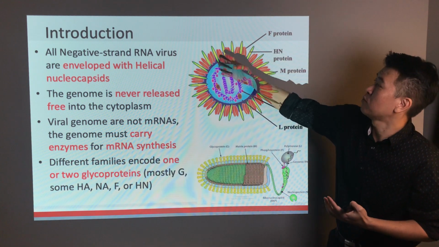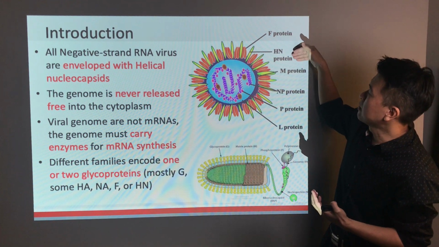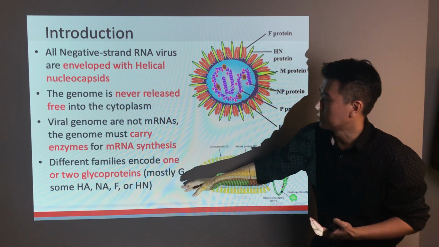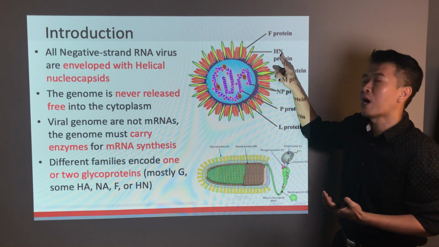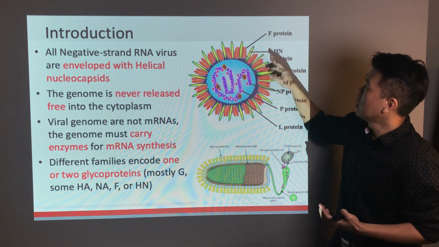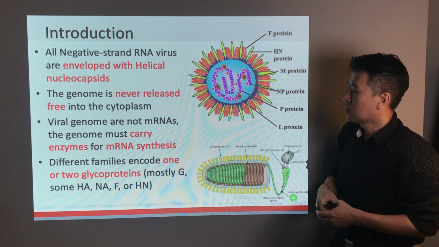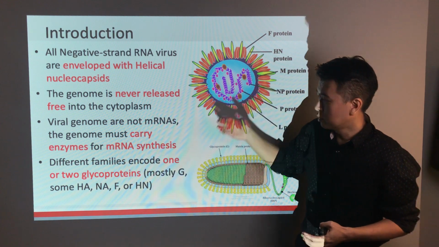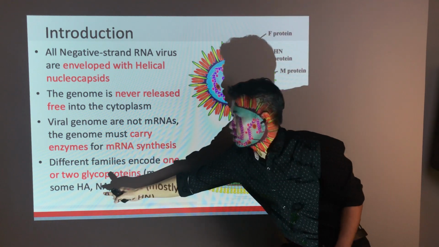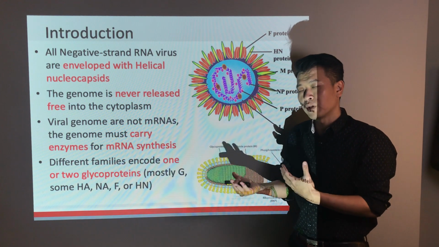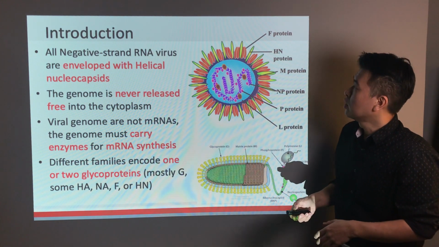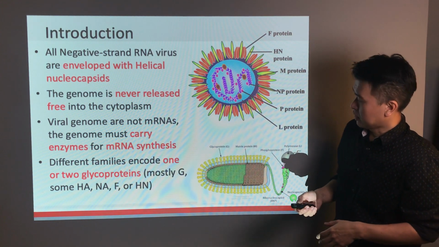For example, in this virus, we have HN protein and F protein: hemagglutinin-neuraminidase protein, and F stands for fusion protein. Similar to HA and NA in the flu virus, where they have two proteins on their surface.